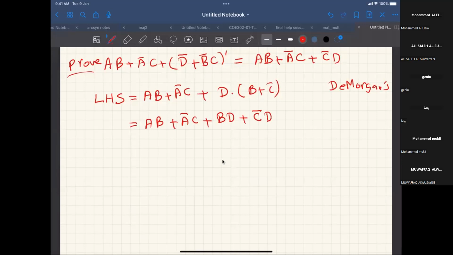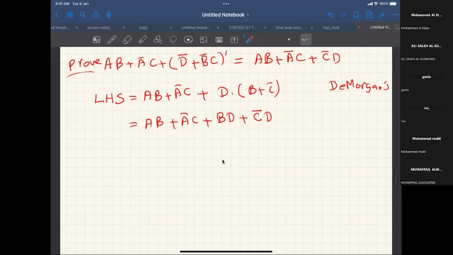Okay, so you can see that there is C complement D and C complement D in the right-hand side. Comparing with the right-hand side, what is missing and what is extra here? We have A complement C, and we have AB and AB. So it must be that BD is somewhat redundant.